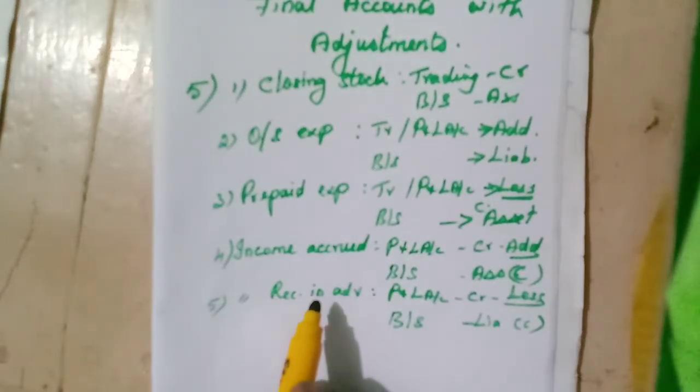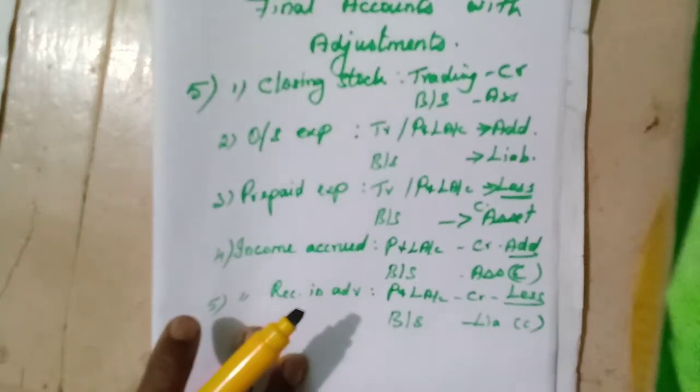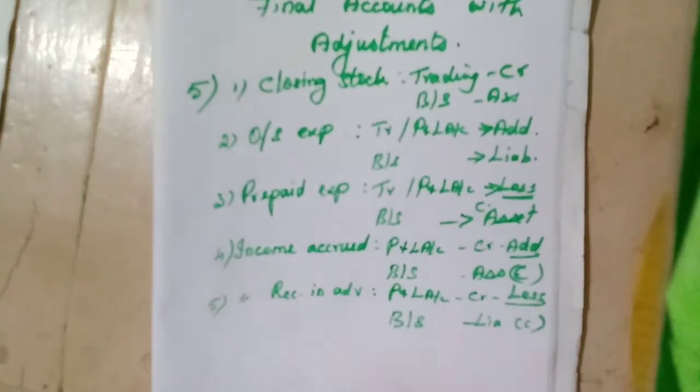Yesterday we have seen the 9th problem. Now we will do the 10th problem. Prepare profit and loss account of Manoj for the year ending on 31st March 2016.